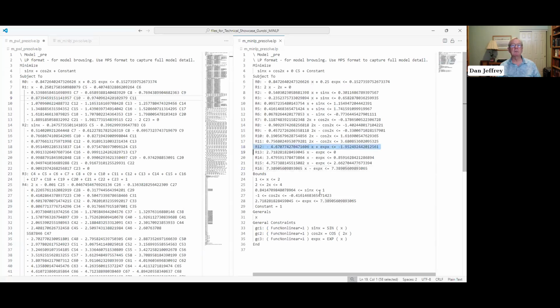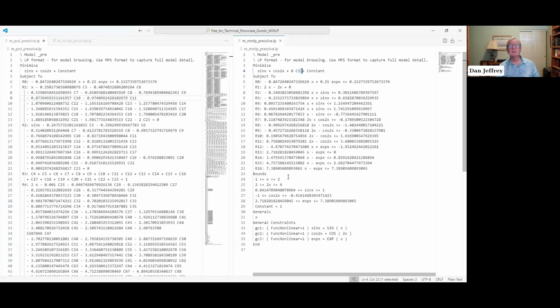But notice that some of the constraints contain these nonlinear terms, the variables that contain the nonlinear terms. So we have a fairly complex objective function that's nonlinear, and we have some nonlinear terms here.